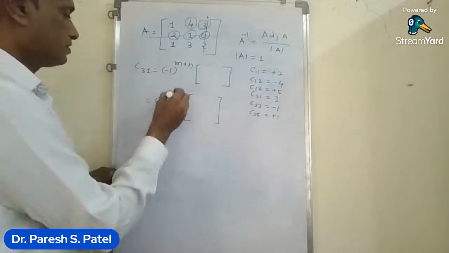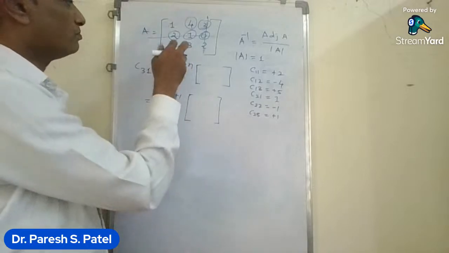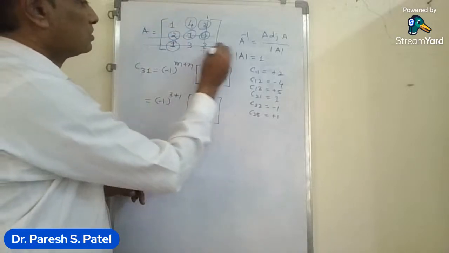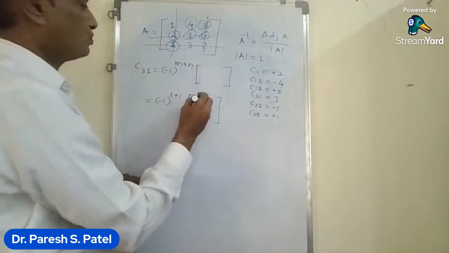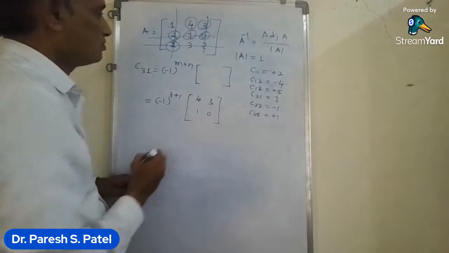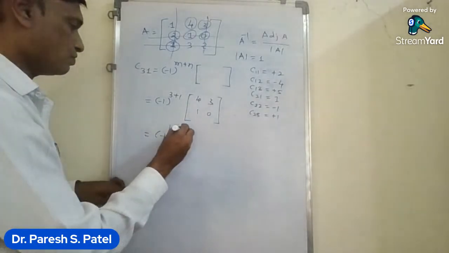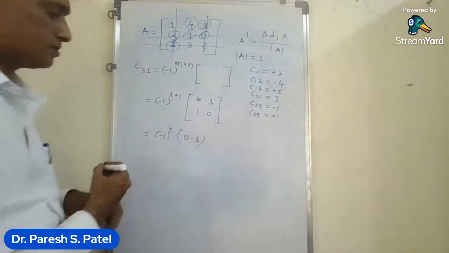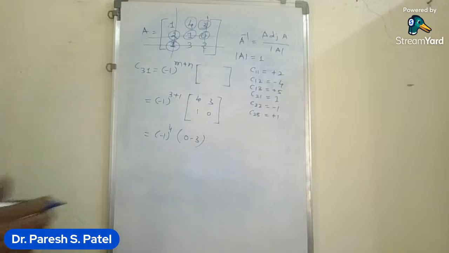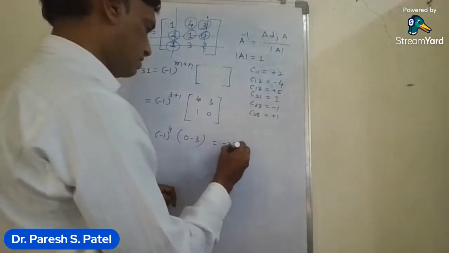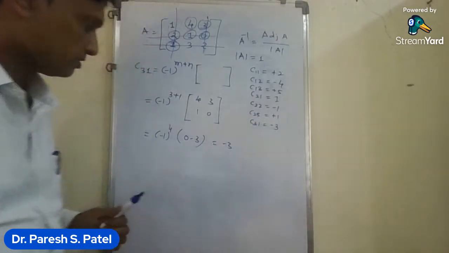Next, C31 is the element of the third row and first column. The remaining elements are [4 3; 1 0], equal to minus 1 raised to 4 times (0 minus 3), which is minus 3. So the value for C31 is equal to minus 3.